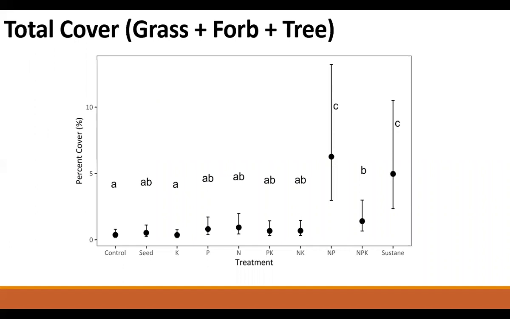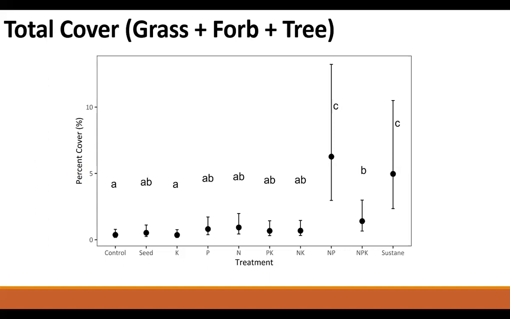Just briefly to talk about the results, I'll only present today on total cover. We're still working on the biomass data. It's not quite as clear a story yet, and I think it has something to do with how we were fertilizing and raking, so it just didn't get spread out evenly.